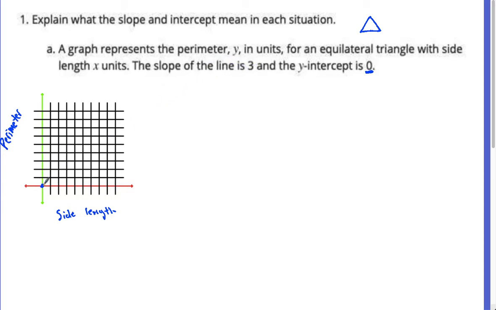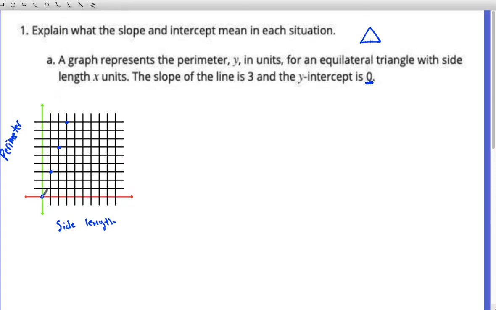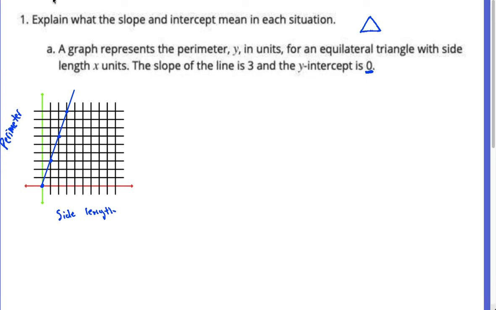So if from here I count up 1, 2, 3 over 1, that gives me my slope. So this line, if we put a line on here, the line looks like this. Okay, so then it asks, what does the slope and the intercept mean?